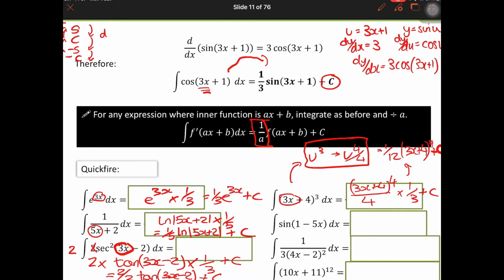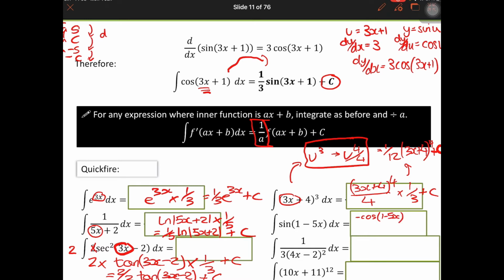Sine of 1 minus 5x. So again, we do exactly the same thing. If I head back to the top left-hand corner again, if I integrate sine, I get to minus cos. So this will end up becoming minus cos lots of 1 minus 5x.